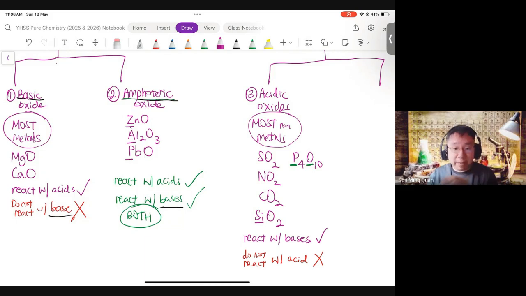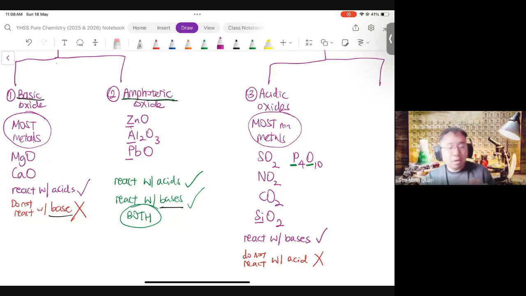Okay, so acid plus base, there's a reaction, but acid plus acid, no reaction. So if you are already acidic, you can't react with acids further. Okay, and most non-metals will be there. That means don't go and memorize. You just need to know non-metals form acidic oxides.